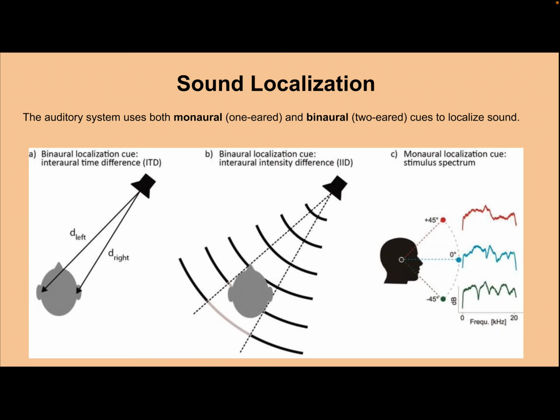The two ears are figuring out the difference between the sound that arrives at both of the ears, which allows us to calculate the distance in our head or the location. And the one ear is getting information as well, and certain frequencies coming in at different angles. But again, we don't need to know the details of this. Just know that in order to figure out where a sound comes from, we use both monaural and binaural cues.